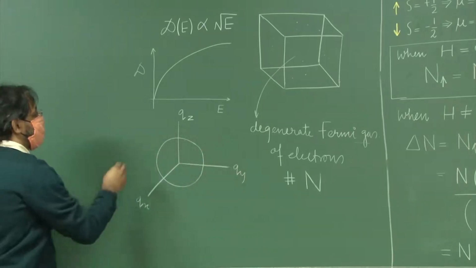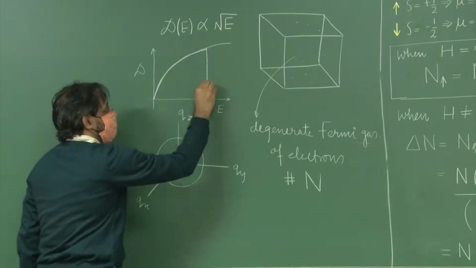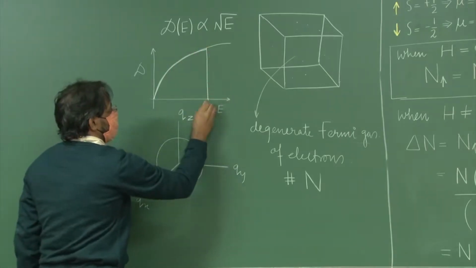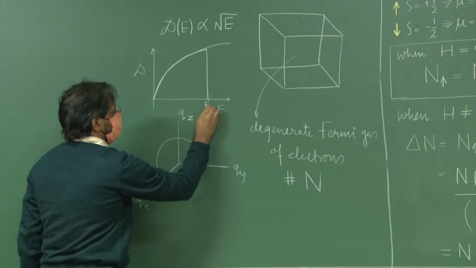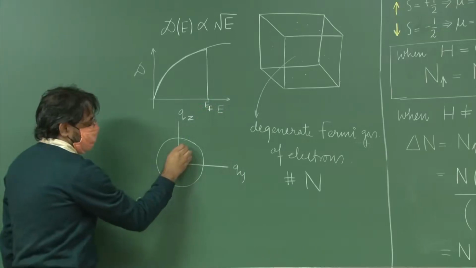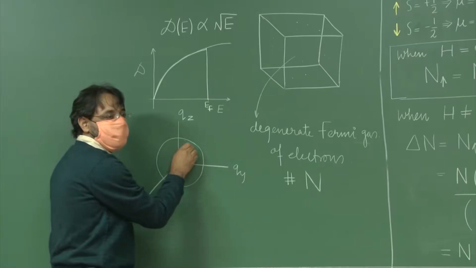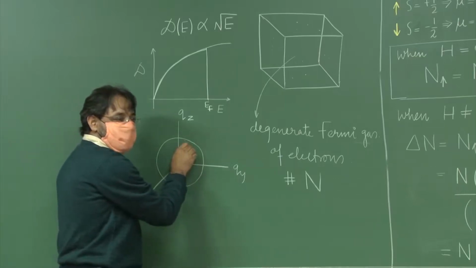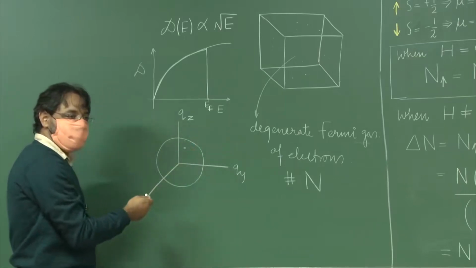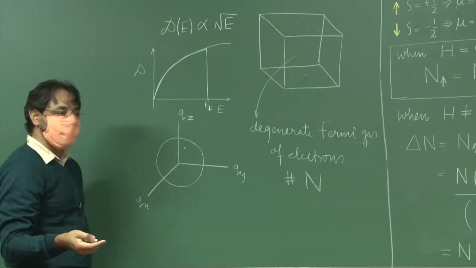So at 0 temperature, you get this EF. Now here is a point, and next to it is another point. What has changed? The quantum number has changed. The quantum numbers are qx, qy, qz, and the spin quantum number.